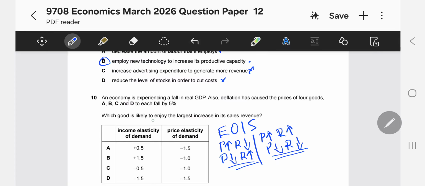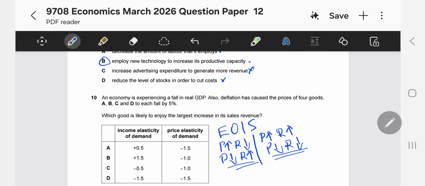Okay. Because the price has fallen, the PED should be price inelastic.